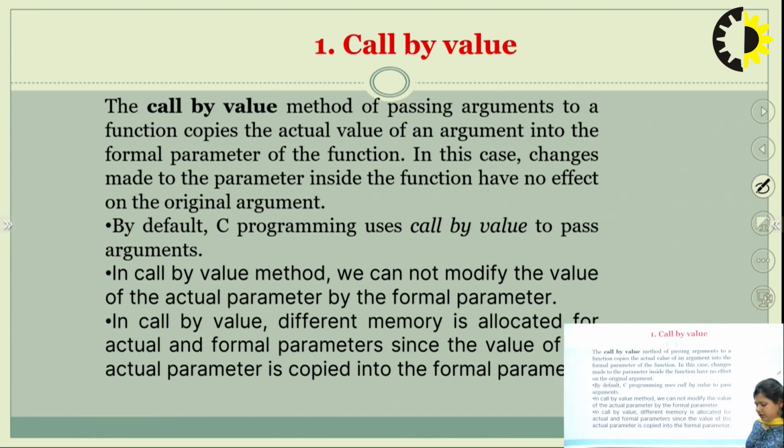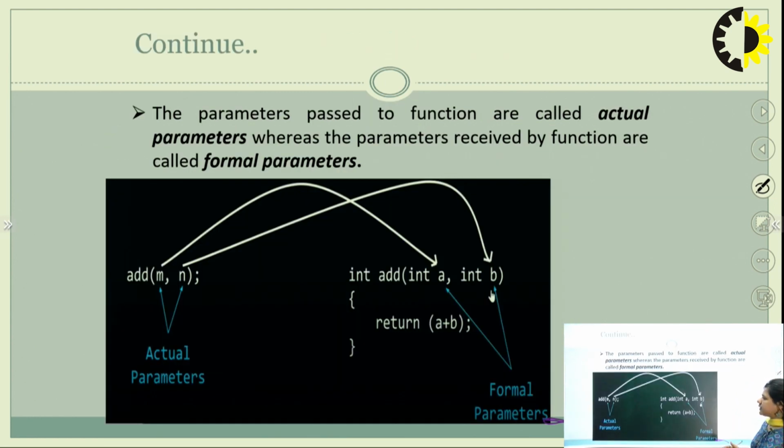Let me again set the slide. In function calling, the arguments are actual parameters, and in function definition, the arguments are known as formal parameters. So what happens during call by value is that when these arguments are passed to the function definition, the actual parameters are not exactly passed, right?